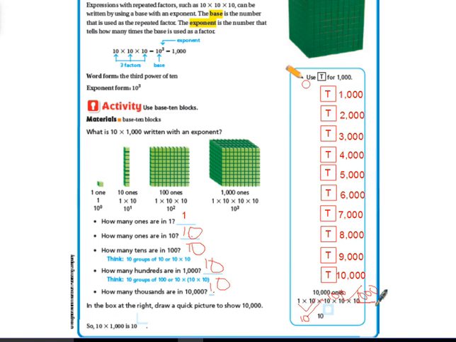And 1,000 times 10 is 10,000. So how many times did I have to take it times 10? Well, if I look here, I had to take it 1, 2, 3, 4. So it's really 10 to the 4th power. So 10 times 1,000 is 10 to the 4th power.